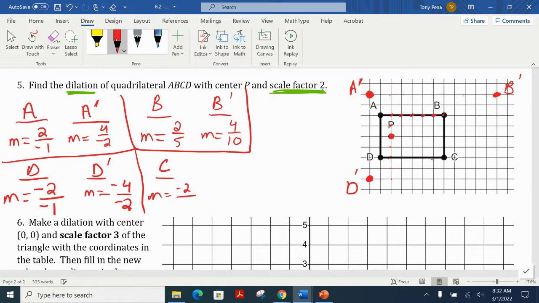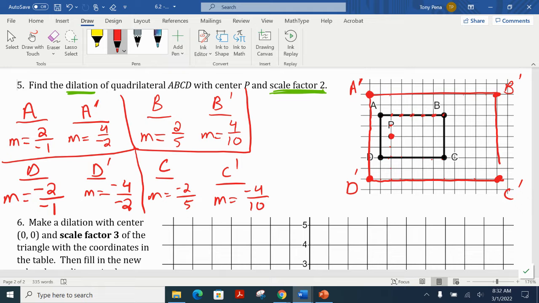So down 2, right 5. Scale factor of 2 means we're just doubling those counts. So I'm going to go down 4, 1, 2, 3, 4, and right 1, 2, 3, 4, 5, 6, 7, 8, 9, 10. And again, you should be able to tell if you did this right or not.